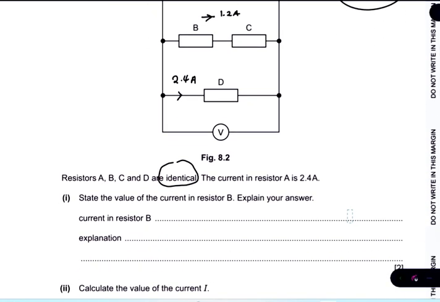State the value of the current in the resistor B. Explain your answer. I've already highlighted that. The current in resistor B is 1.2 amps.